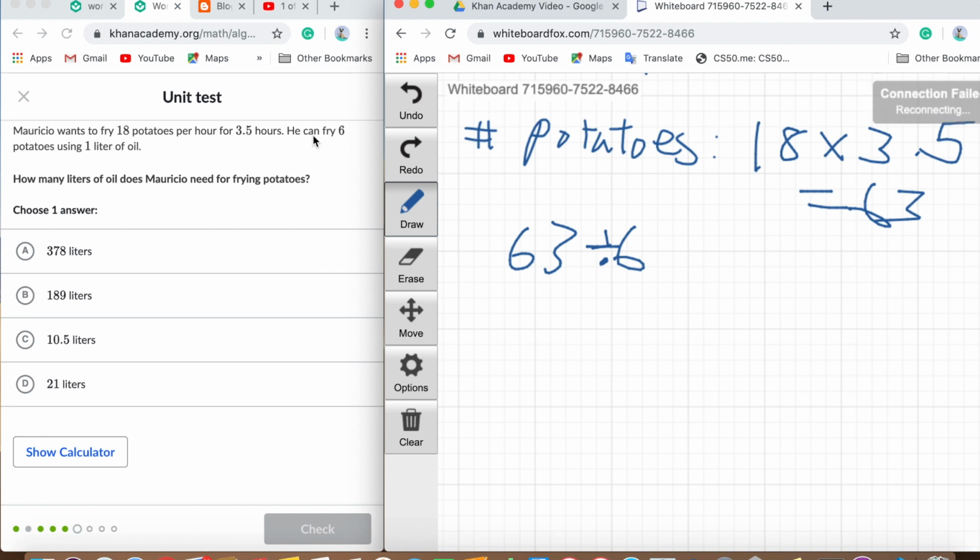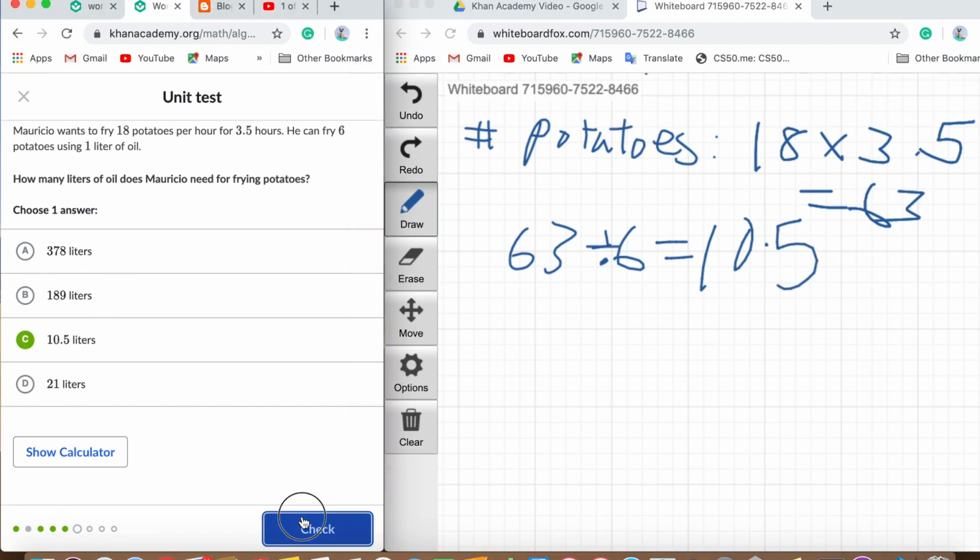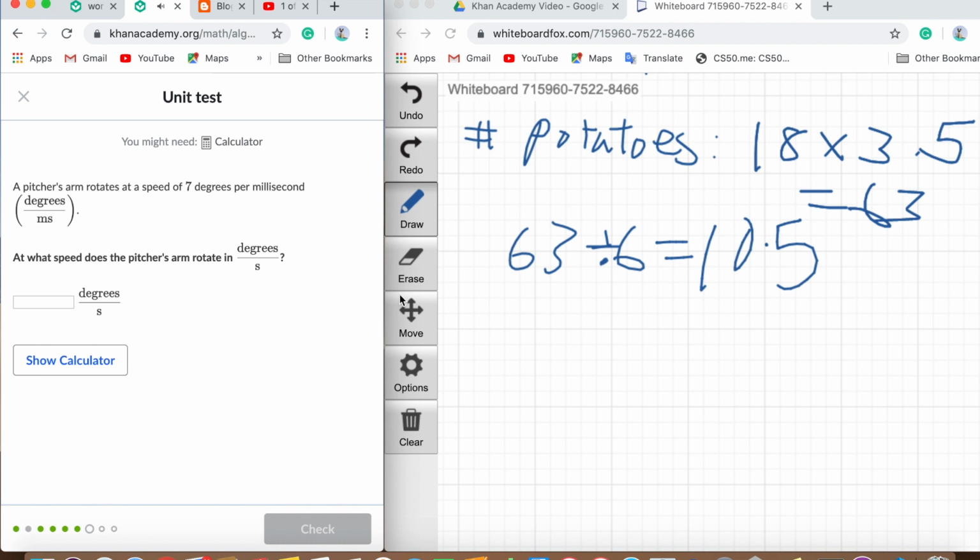You don't need 6 liters of oil to fry 1 potato. Okay, so anyway, this gives us the answer of 10.5, which is supposed to be this one. Good.